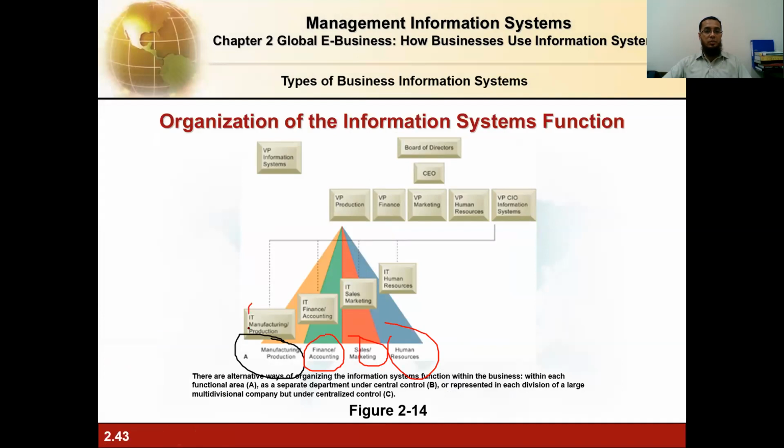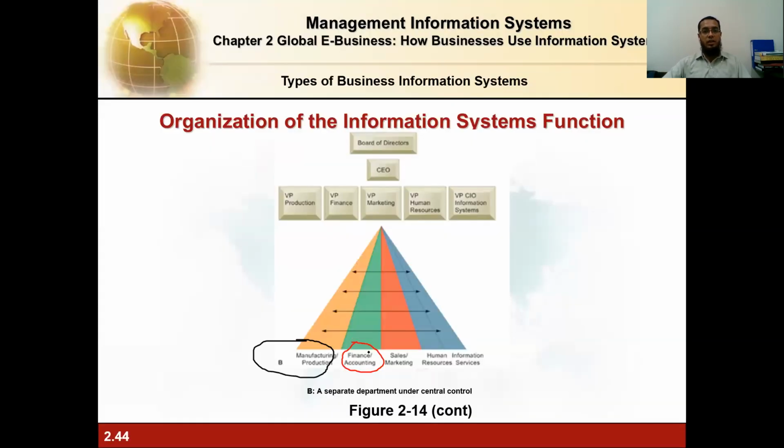And you see the IT manager of each is different. The complete IT is answering to the vice president, the chief information officer, and then the CEO. And the vice president of information systems is a separate entity and it's not connected. So this is one way.